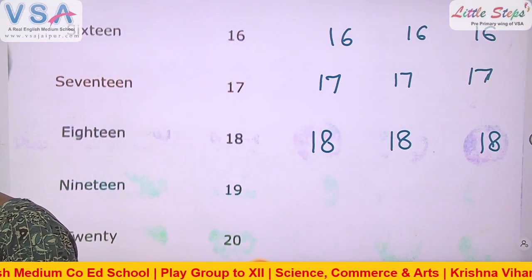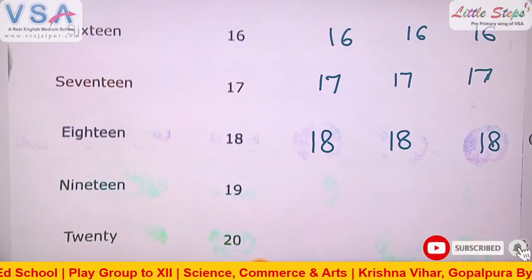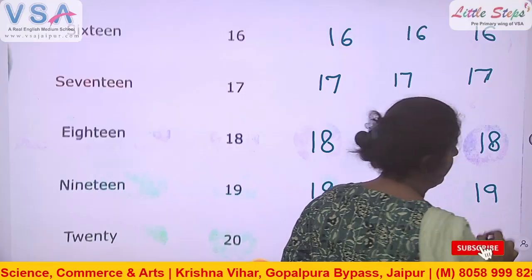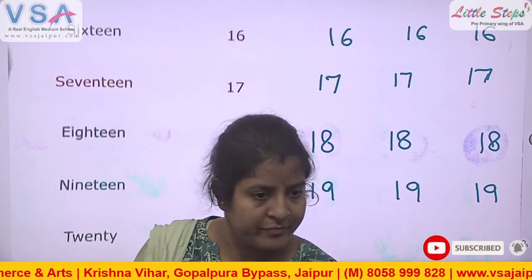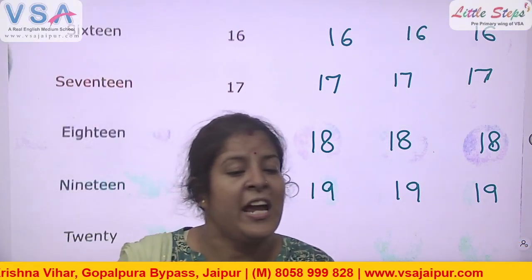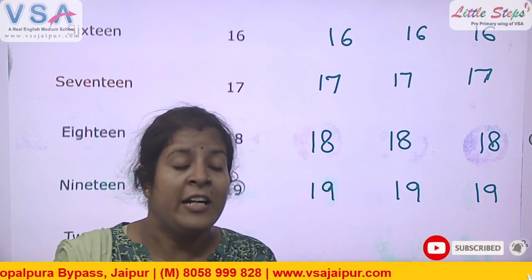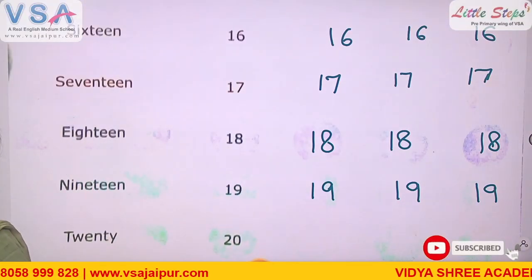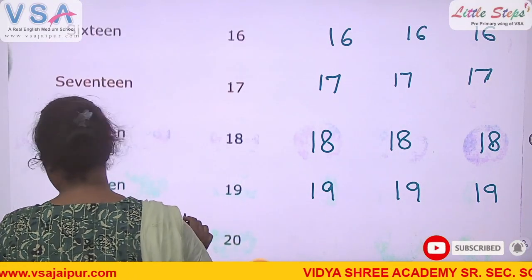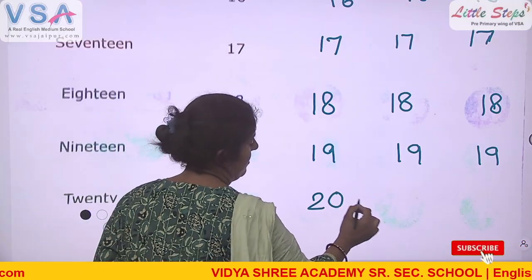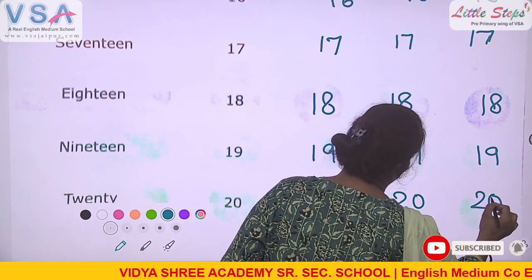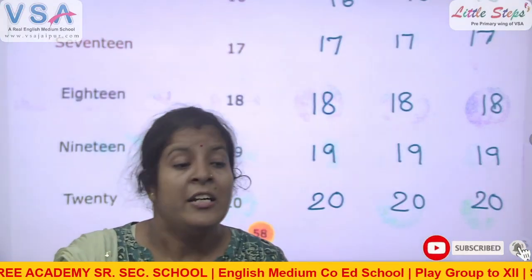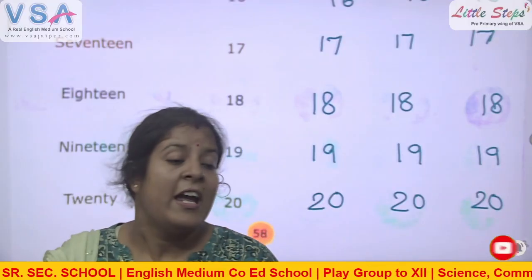E-I-G-H-T-E-E-N. Next number 19. What is the spelling of 19? N-I-N-E-T-E-E-N, 19. And the last, 20. What is the spelling of 20? T-W-E-N-T-Y.